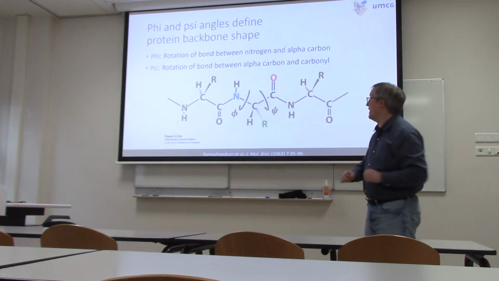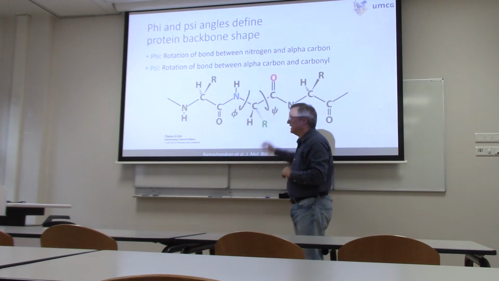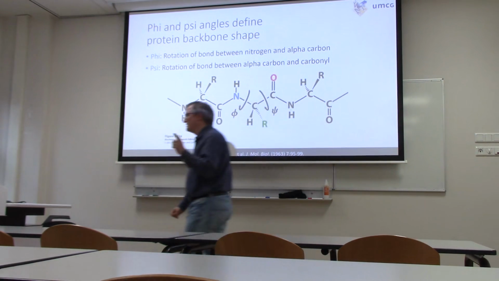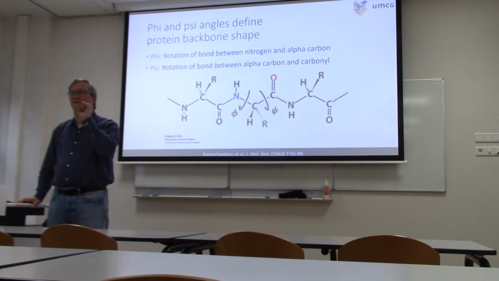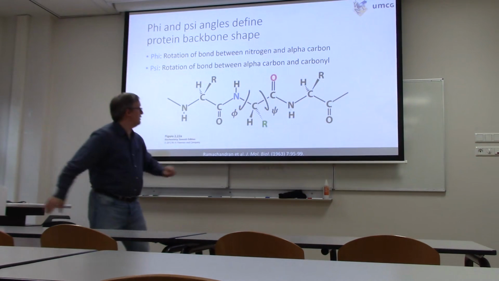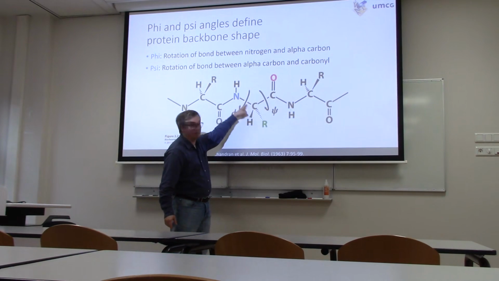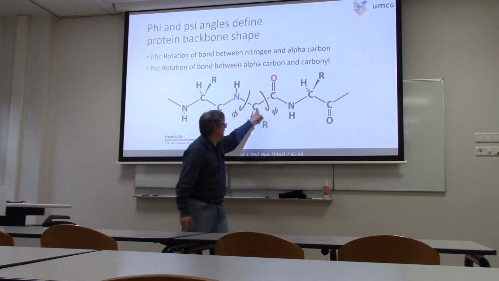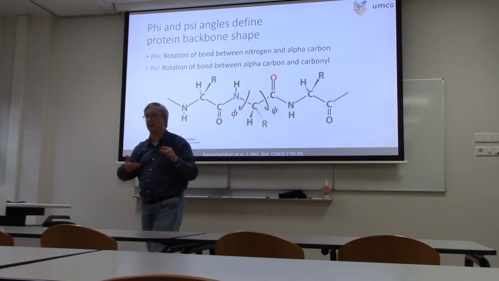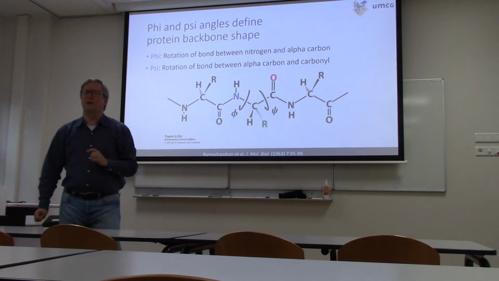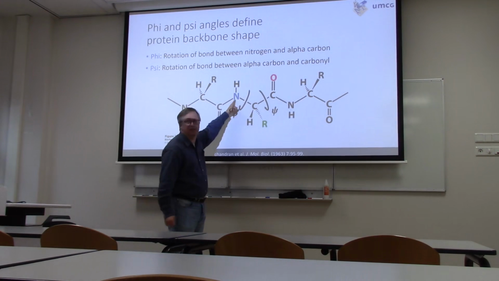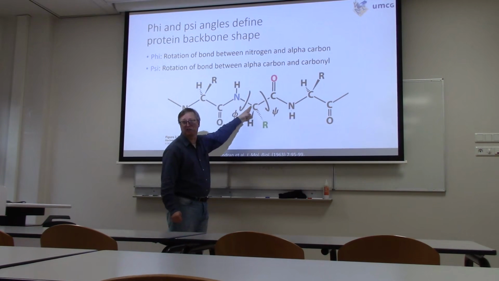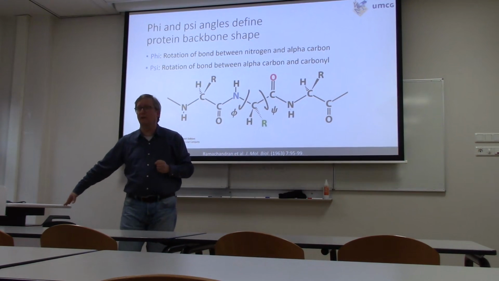Okay. So we can start to talk about why this is daunting in just a moment. But for now, just remember that phi and psi angles represent the nitrogen and the alpha carbon and the carbonyl spinning.